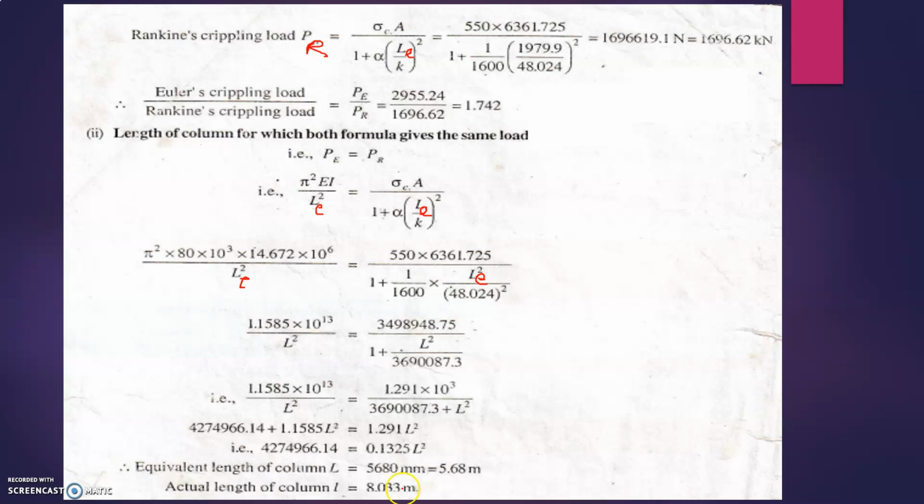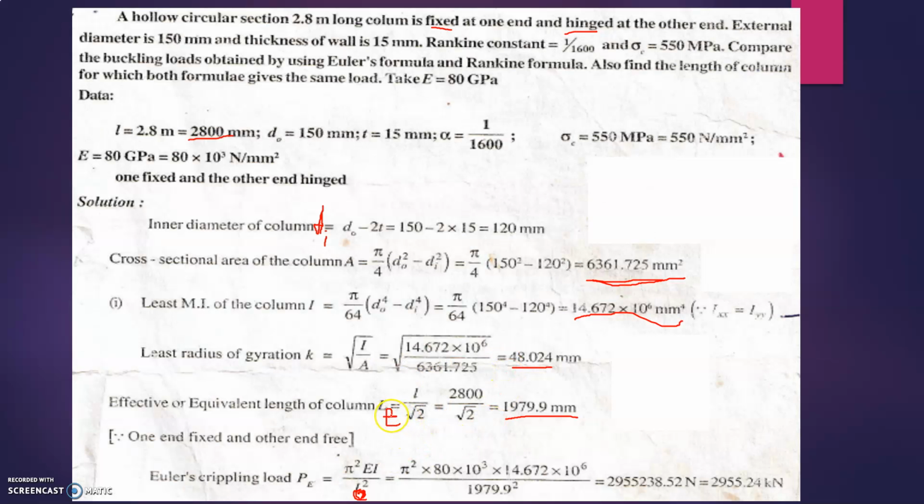So what is the actual length? What you got is the effective length. Here one end is fixed and the other end is hinged, so LE is equal to L divided by root 2.